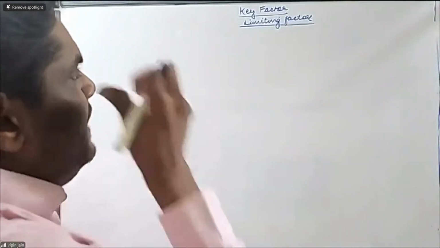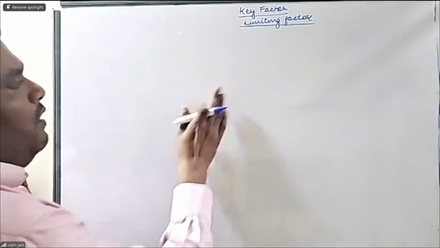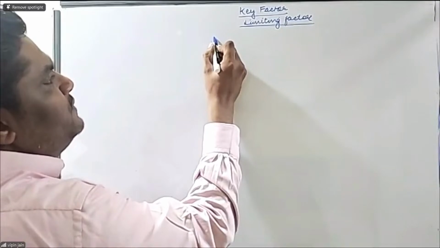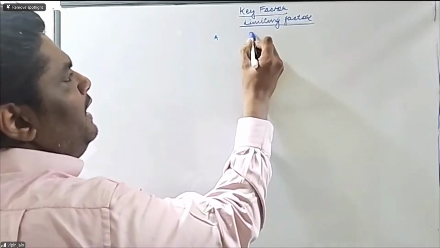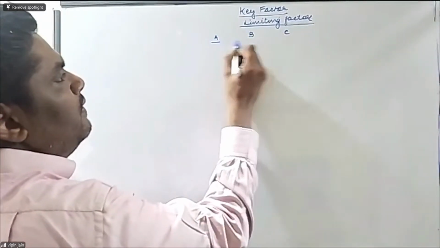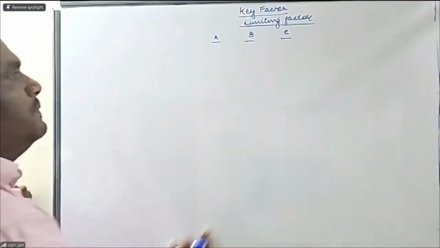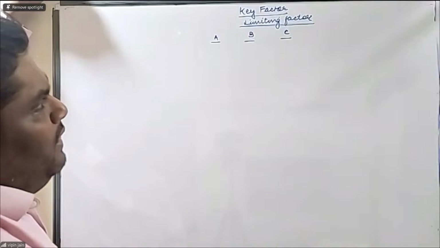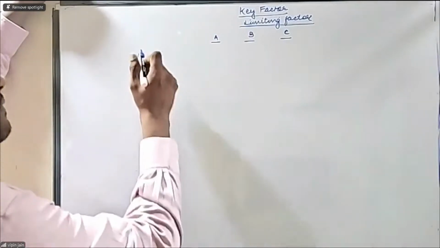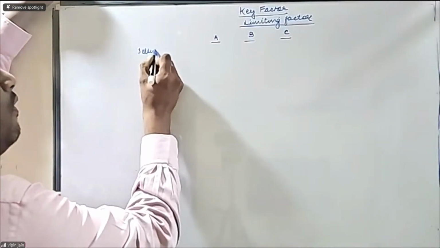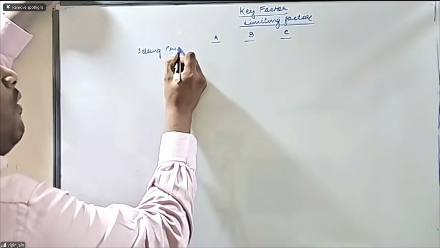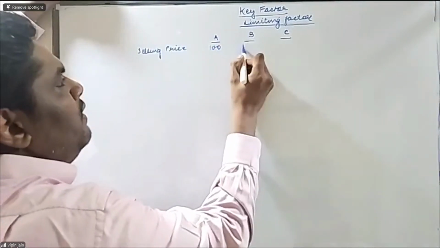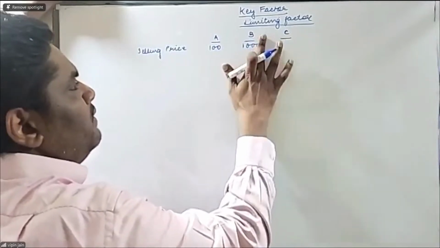Let me discuss this with the help of an example wherein, let's say, I'm manufacturing 3 types of product A, B, and C. Let's say the selling price of these products is 100, 100, and 100.